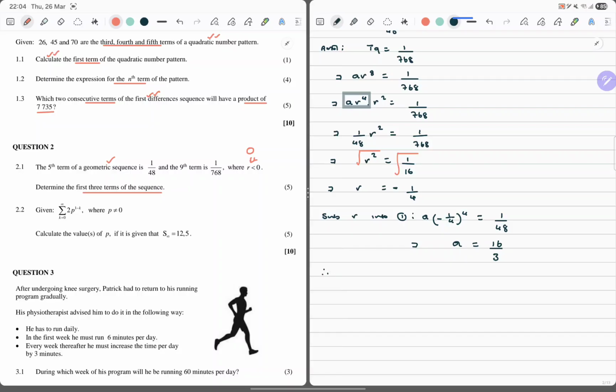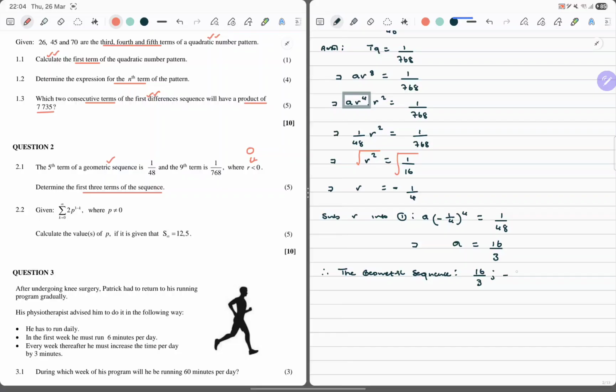We can say, therefore, the geometric sequence is, the A is 16 over 3. The second one, we just multiply it by minus a quarter.